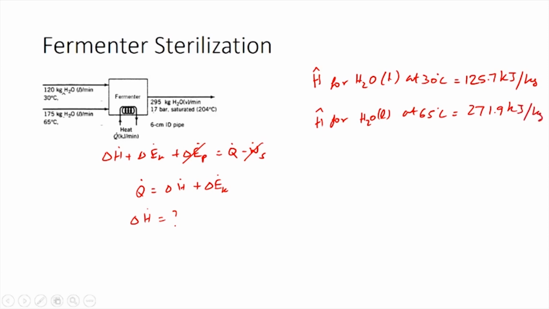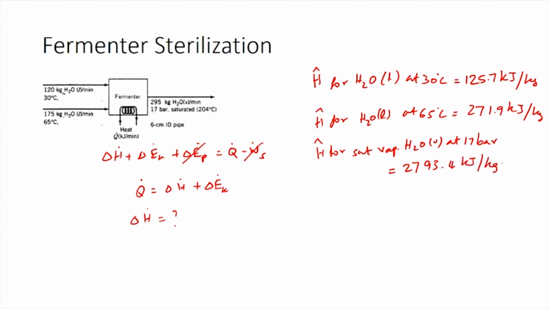Looking at the saturated steam tables, we would be able to get the specific enthalpy value for saturated vapor, which is water at 17 bar, as 2793.4 kilojoules per kilogram, and the temperature is 204 degrees Celsius.